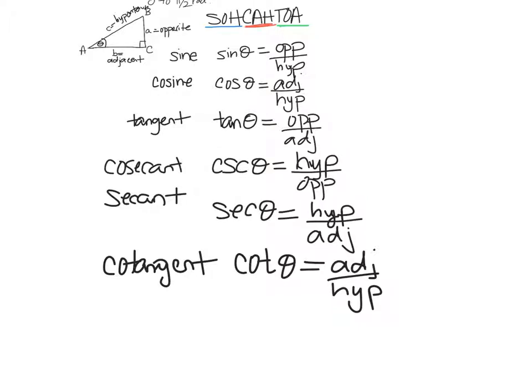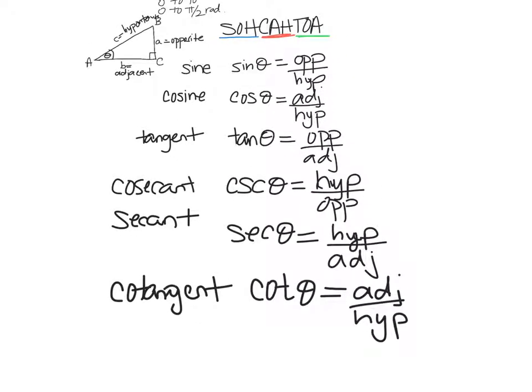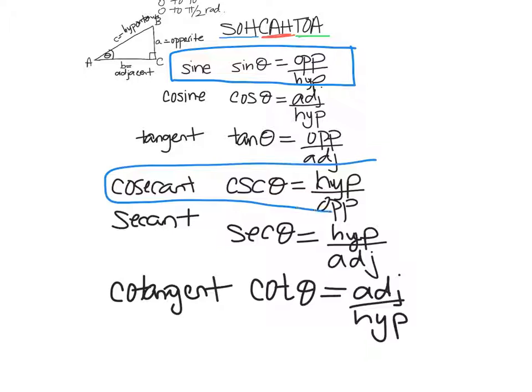Okay? So looking at this, sine and cosecant are reciprocals. Those go together. Okay? And then cosine, cotangent? Yeah. Oh, adjacent. Oh, thank you.